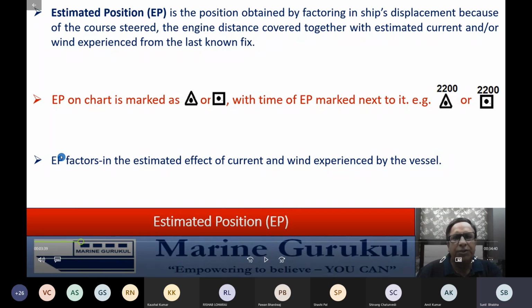The least accurate of the position would be the DR position, because DR position does not factor in the current or the wind. It only considers or factors in the engine speed and the engine distance, the course steered by the ship.